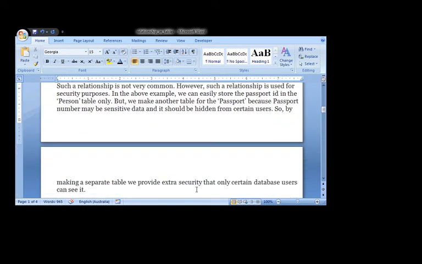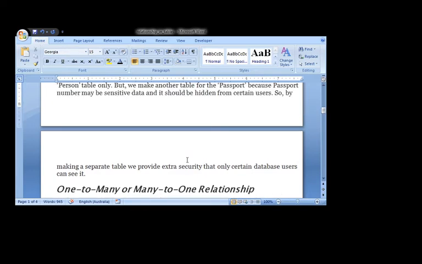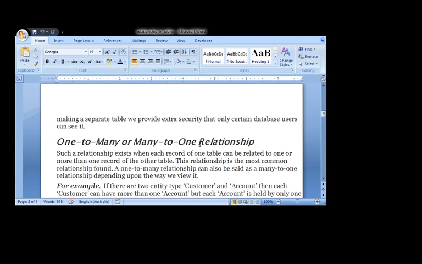So by making it a separate table, we provide extra security so that only certain database users can see it. So one common field is established. In one table it is primary key, in another table it is foreign key.